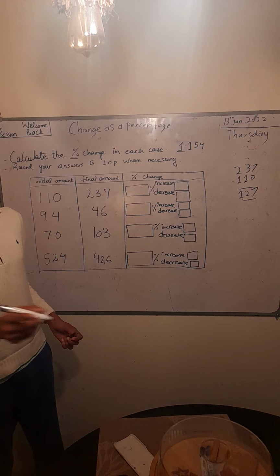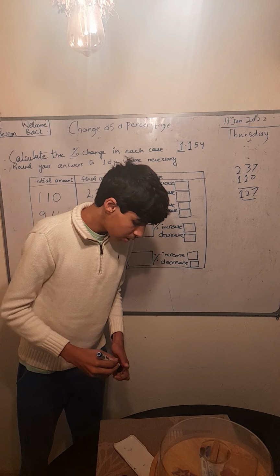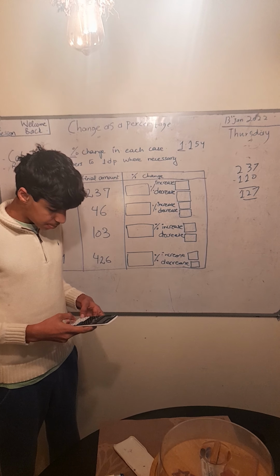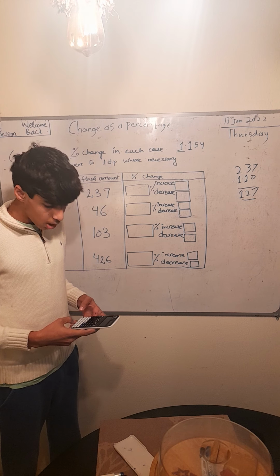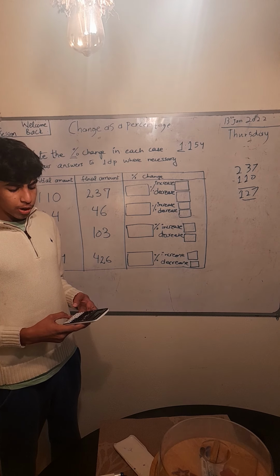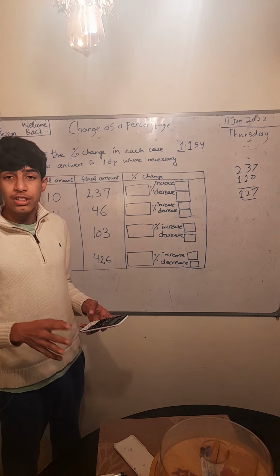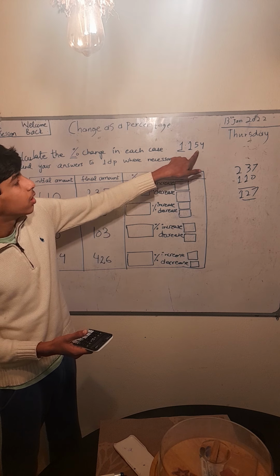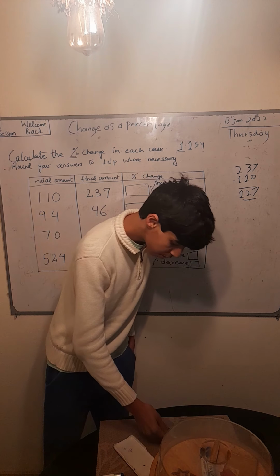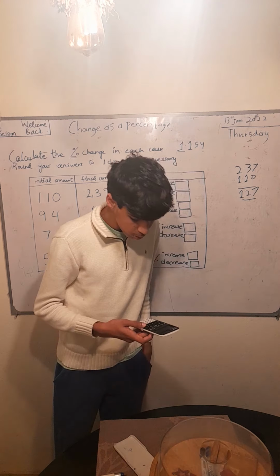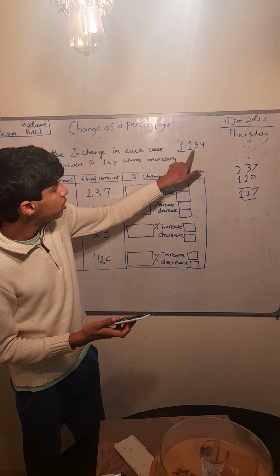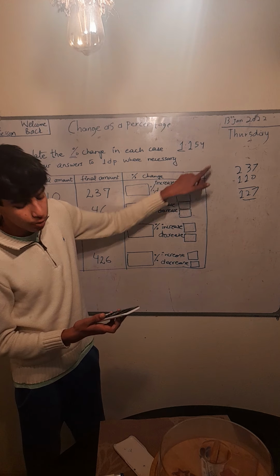Now we will multiply by 100. Let's see what we get. Multiplied by 100, we get 115.4. The digits are the same, the only difference is that the decimal has moved. Obviously the decimal had to move because there are two zeros. So if you count 1 and 2, 115.4.